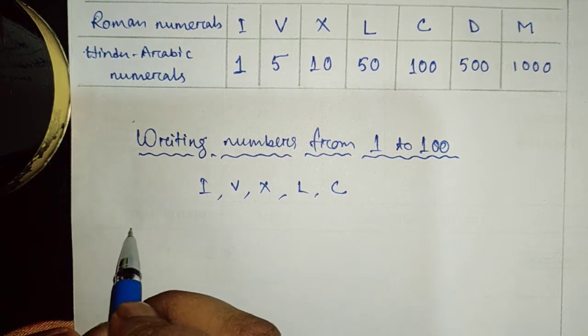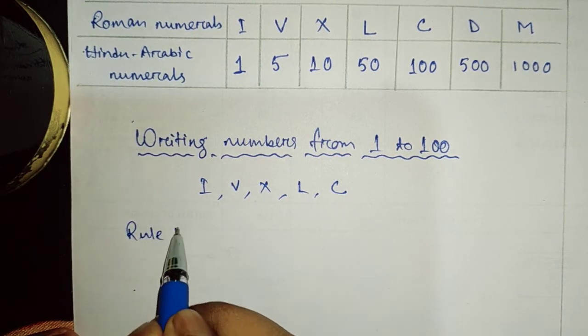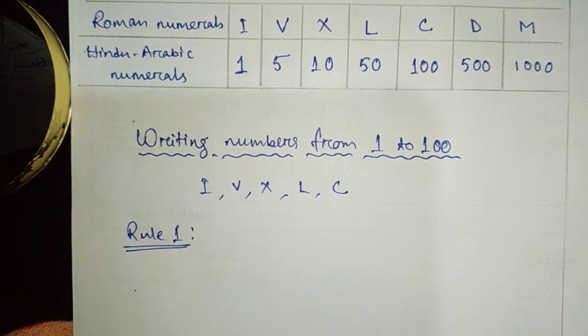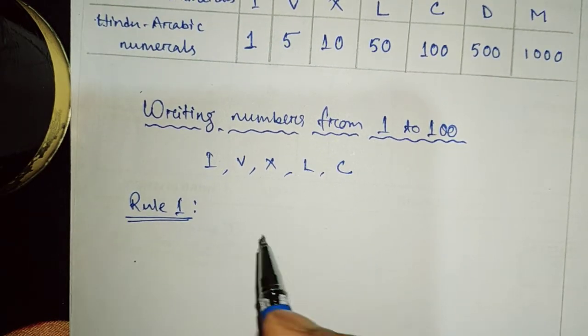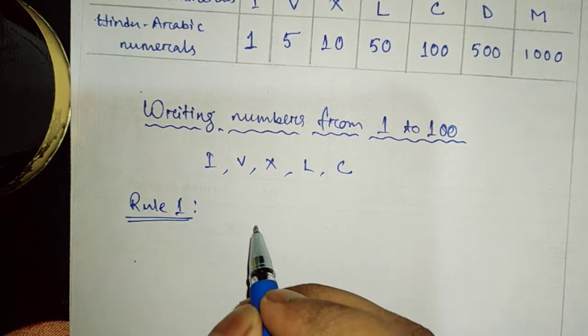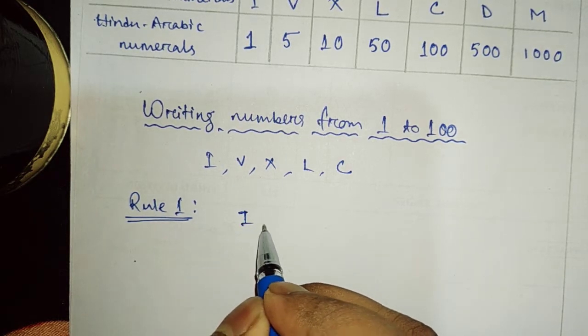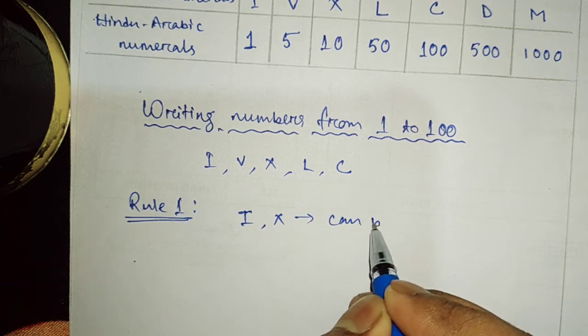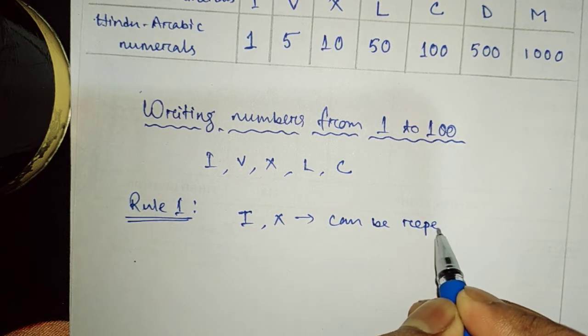So rule number 1. Rule number one is that the numerals I and X can be repeated.